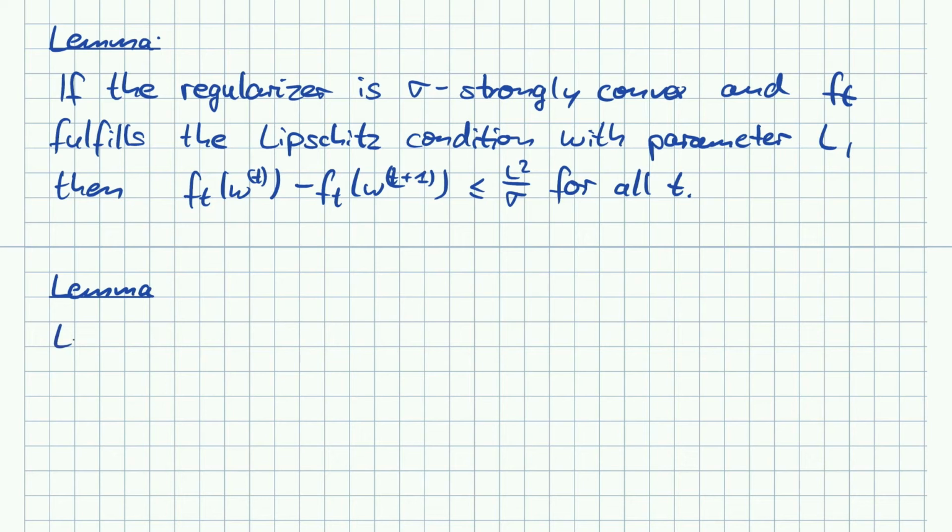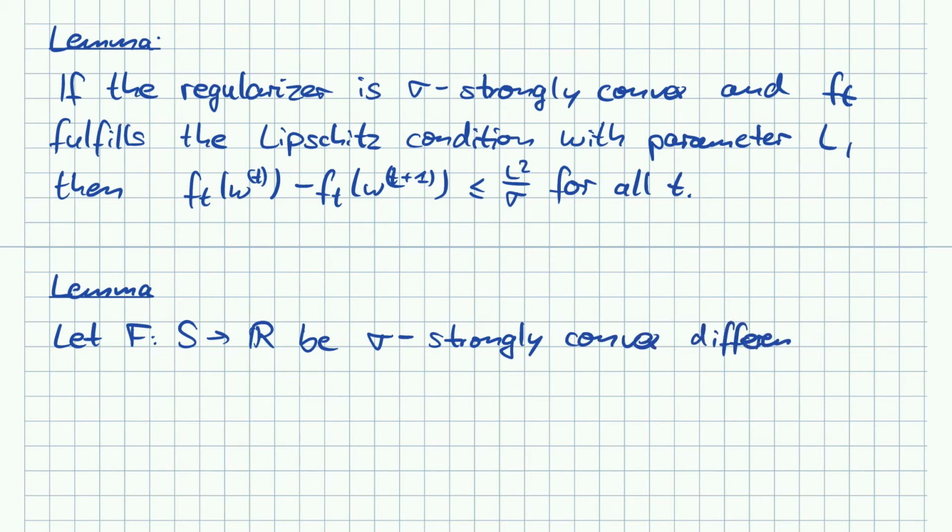We will show that if we have a function f mapping from S to R, which is sigma strongly convex, and we say that it should be differentiable, because we are assuming that all our functions here are always differentiable.